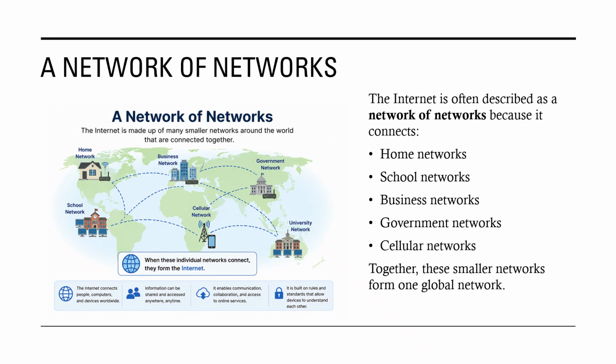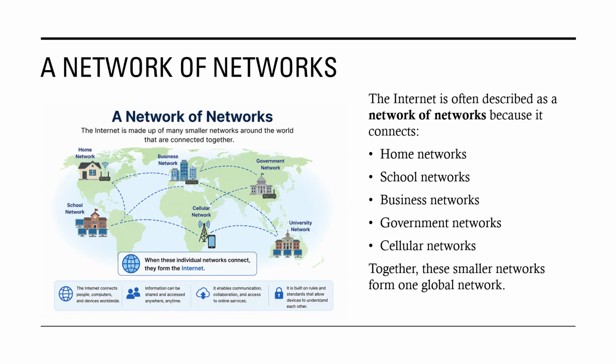This global connectivity allows you to send an email, participate in an online class, or access a website that's hosted on the other side of the world in just a matter of seconds. And even though these networks are owned and managed by different organizations, they work together using a common communication standard to form the internet.